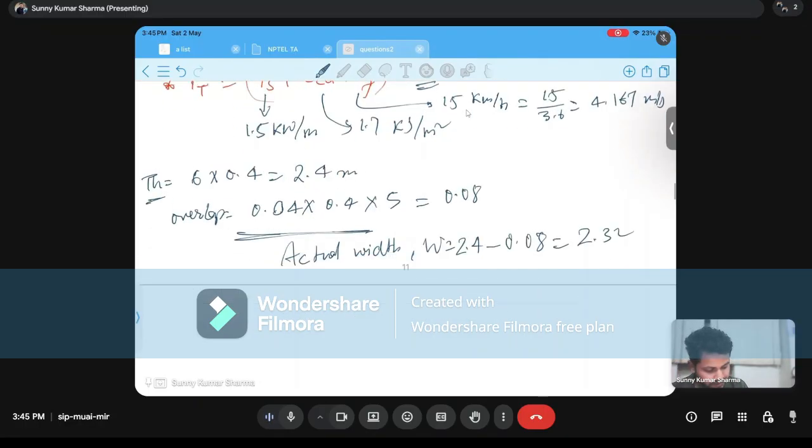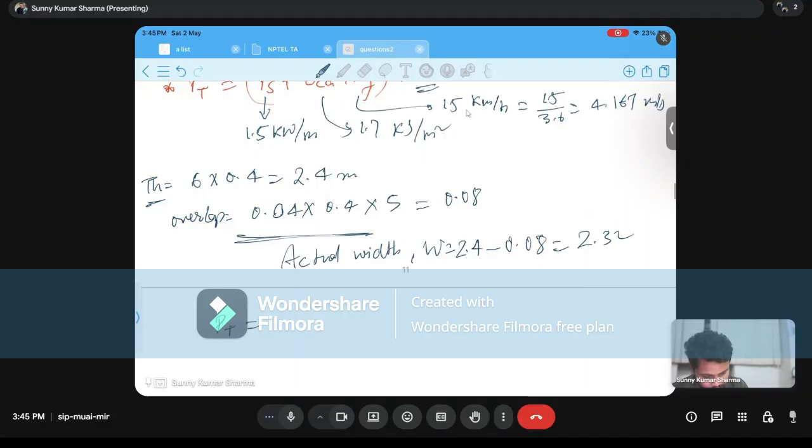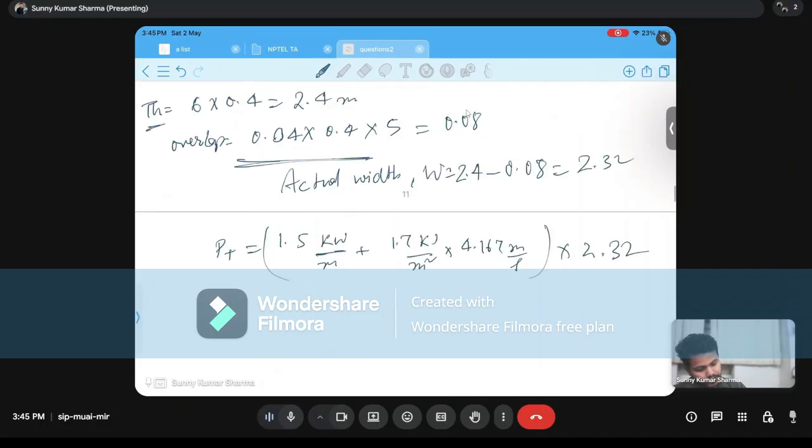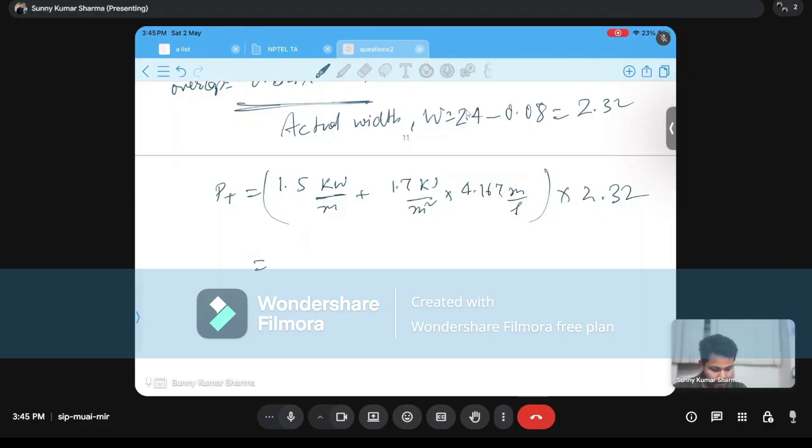We directly put this value in our PT. So PT will become 1.5 kilowatt per meter plus 1.7 kilojoule per meter square into 4.167 meter per second into 2.32. This value will come in kilowatt, as everything is in kilowatt and kilojoule, and every other unit is in meter and second, so all units are balanced.